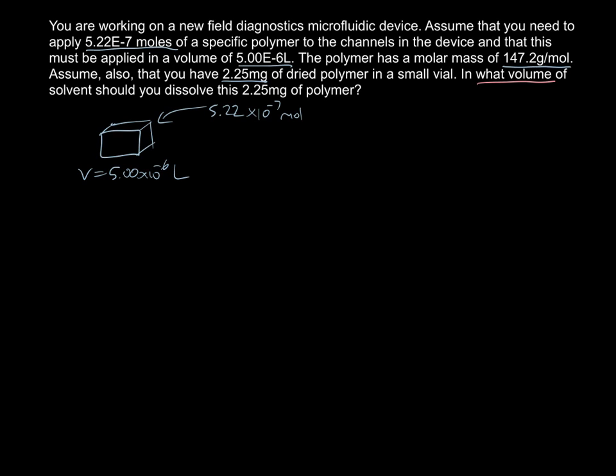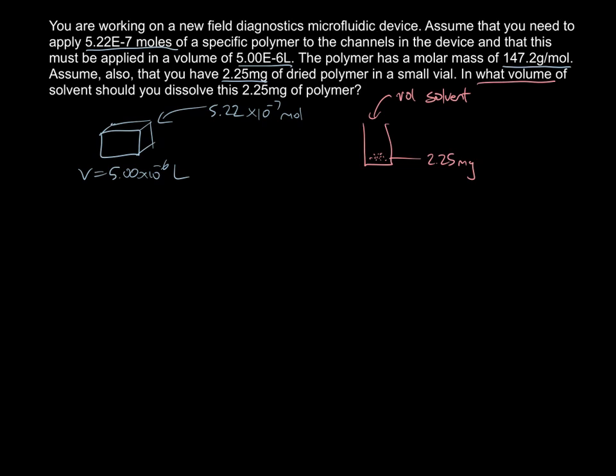On the right hand side we have a vial with some dried polymer in it, 2.25 milligrams of polymer, and we are asked what volume of solvent we need to add to our polymer.